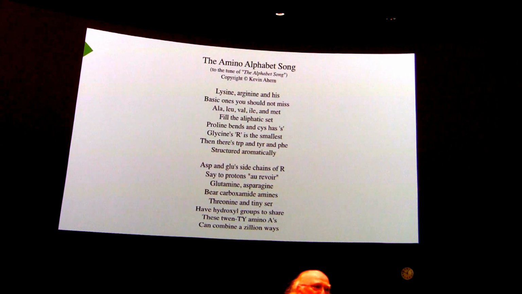Asp and glu side chains say to protons au revoir. Glutamine, asparagine bear carboxamide amines. Threonine and tiny ser have hydroxyl groups to share. These 20 amino acids can combine a zillion ways.